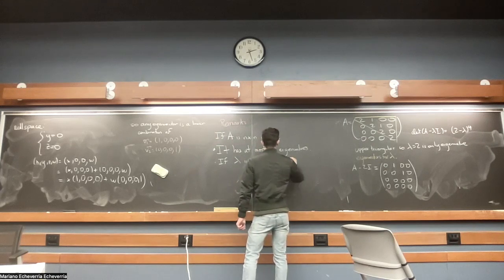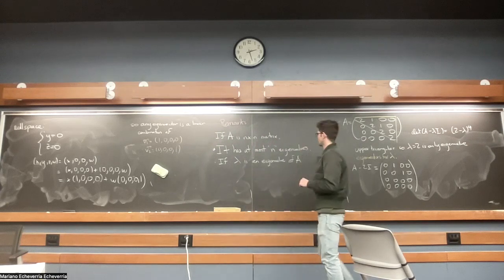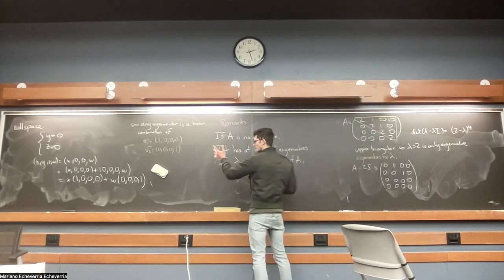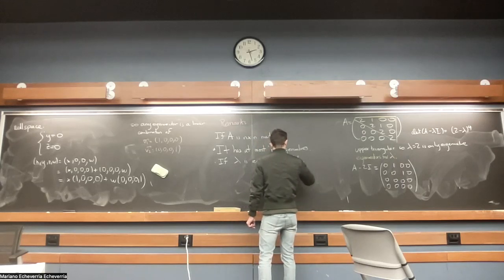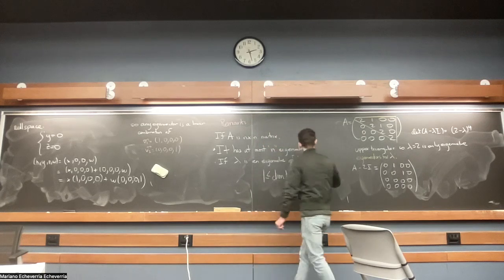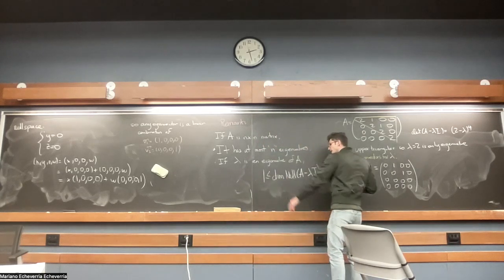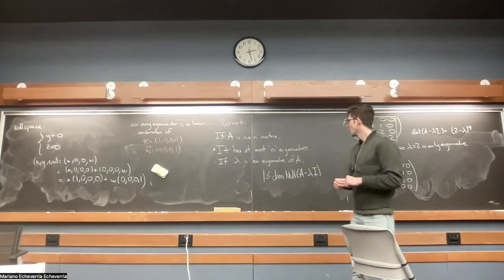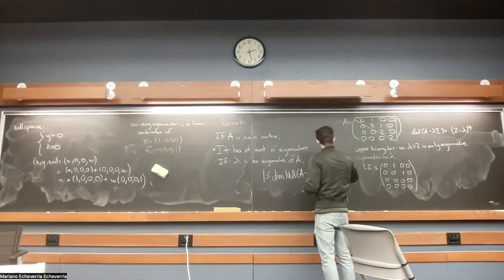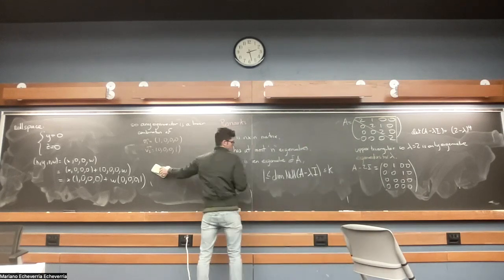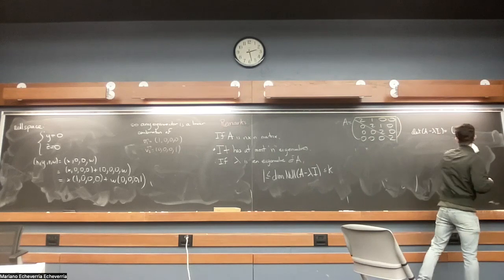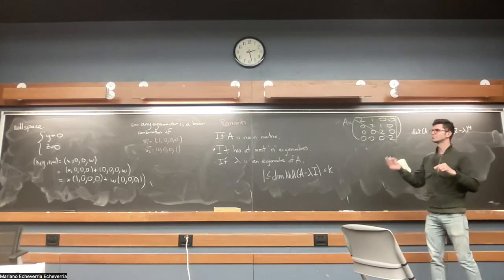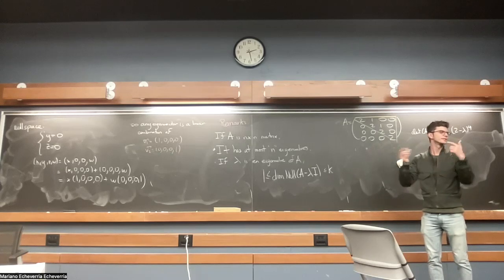if lambda is an eigenvalue of A, the dimension of the null space that we have been computing will in this case be at least one, but at most it will be K. And let me tell you what K is, where K is the exponent to which lambda appears in this polynomial.